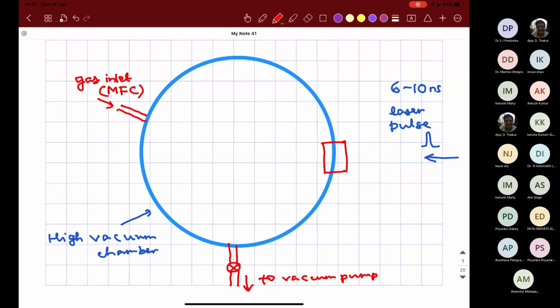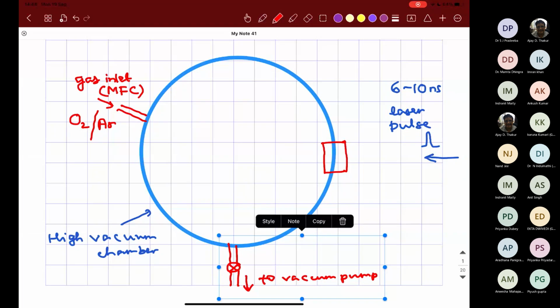Typically, suppose we are depositing a film which is an oxide, this gas could be oxygen. Suppose we are growing a multi-component material which is non-oxide, in that case this could be argon, an inert gas atmosphere. Why is a gas required? Because primarily the pulse of the laser is going to travel all the way.